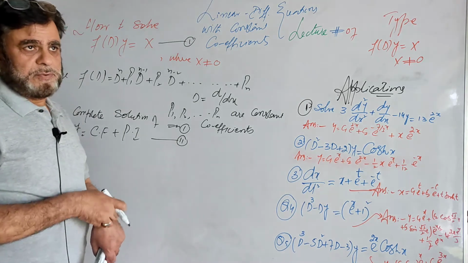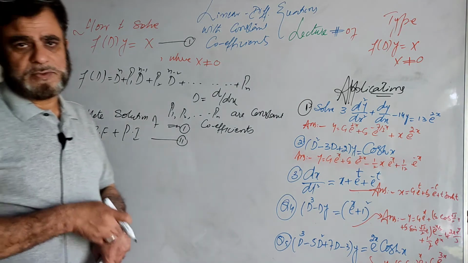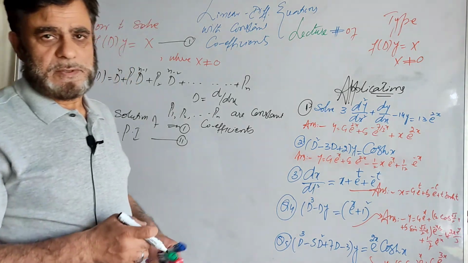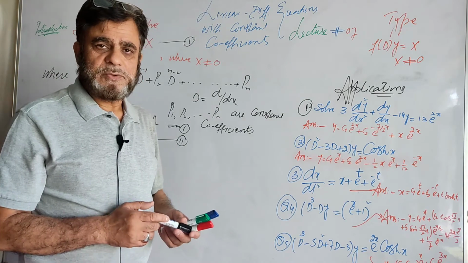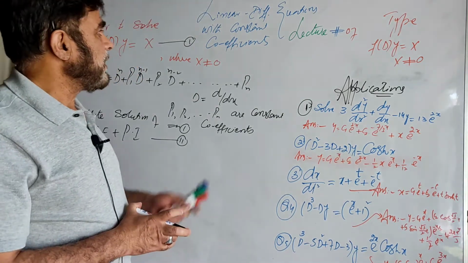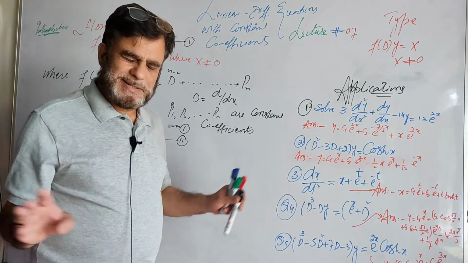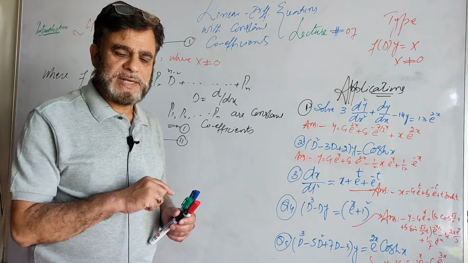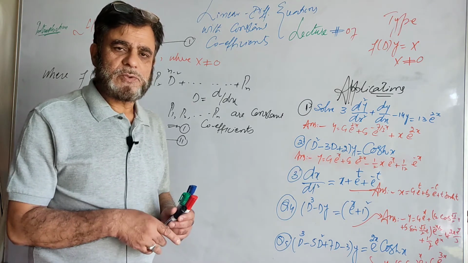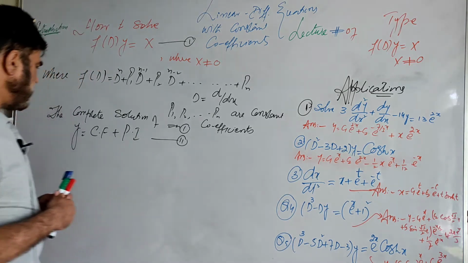Anyone who has a query about this CF plus PI, I request the student to go back to my lectures number 1, 2, 3 on linear differential equations with constant coefficients. I have discussed in detail how it has only one solution when the right side is 0, and how it has two solutions when the right side is non-zero. Okay, this is clear to you.